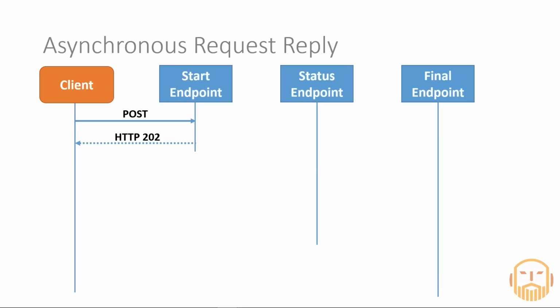And along with that 202 reply, we will send a reference number, a tracking reference number that we will use in just a bit. We will send back the URL of a status endpoint that we will use to, no surprises, understand the current status of a request. And then thirdly and optionally, I like this though, an estimated completion time.